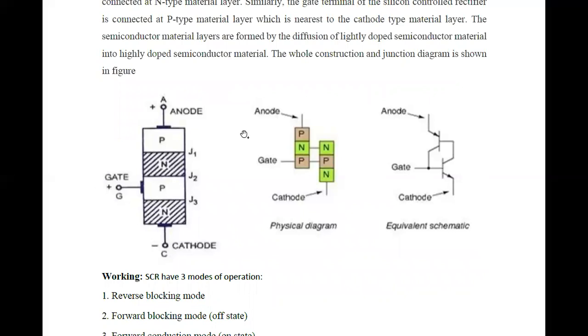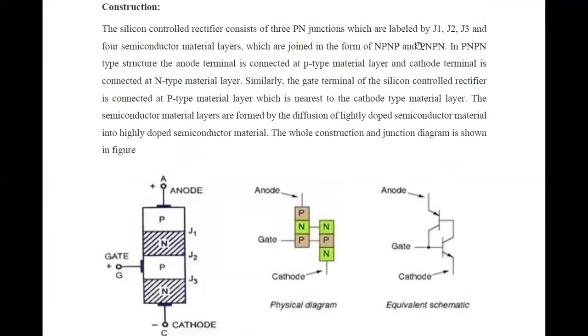It is formed by connecting 4 PN layers. These are 4 semiconductor material layers which can be joined in the form of NPNP or PNPN. In PNPN type structure, the anode terminal is connected to the P layer, the cathode terminal is connected to the N layer, and the gate terminal is taken at the P layer, which is nearer to the cathode terminal.